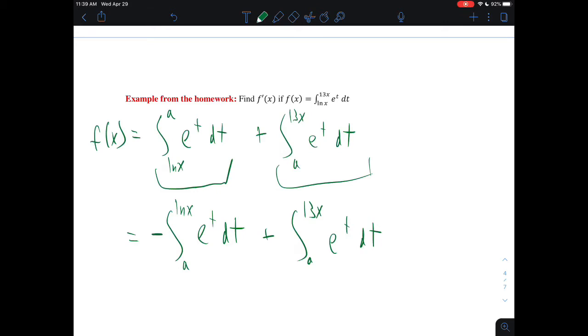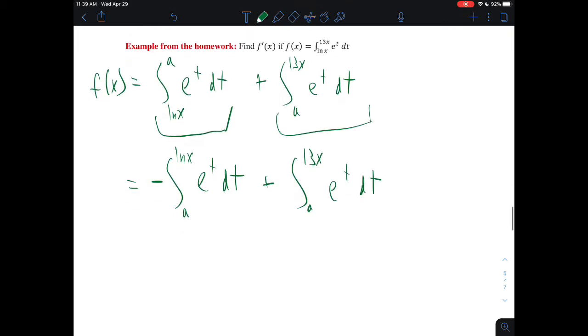So f prime of x, that would be the derivative with respect to x of the first integral plus the derivative with respect to x of the second integral.